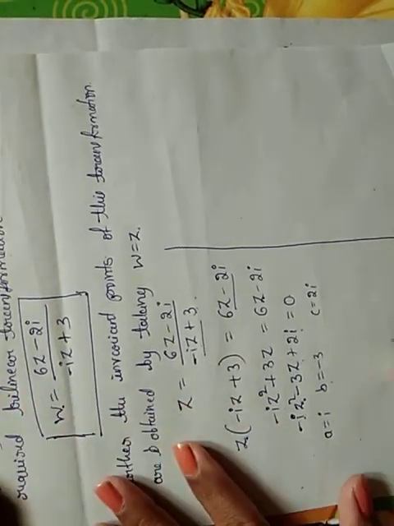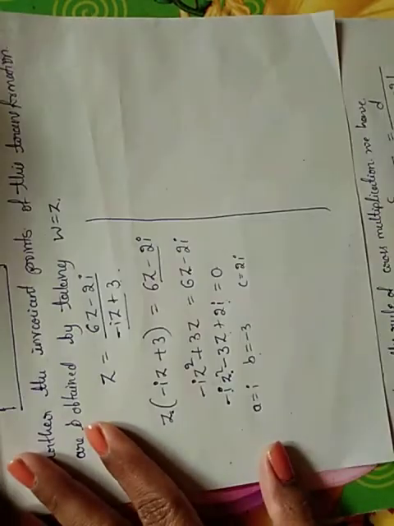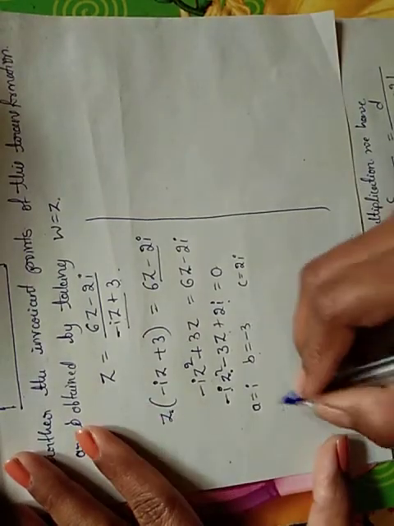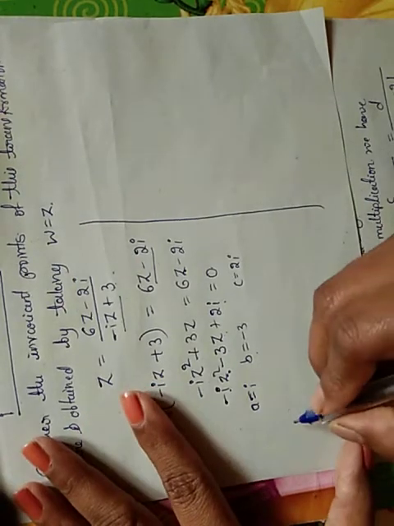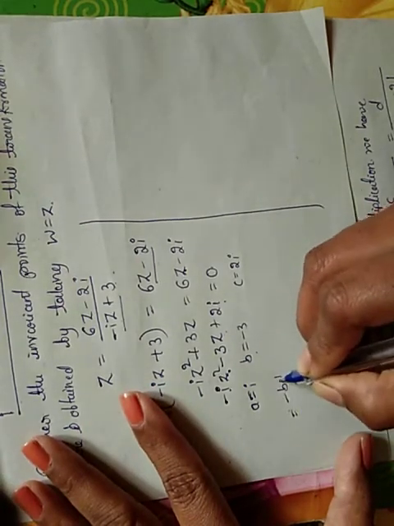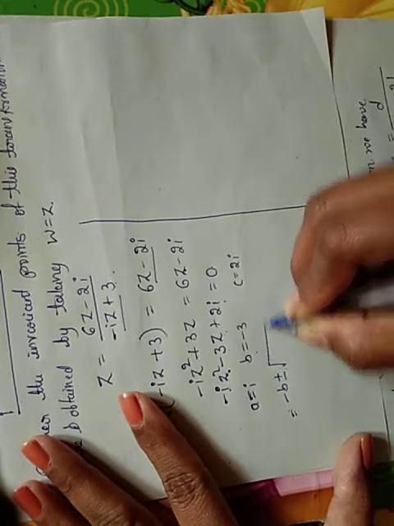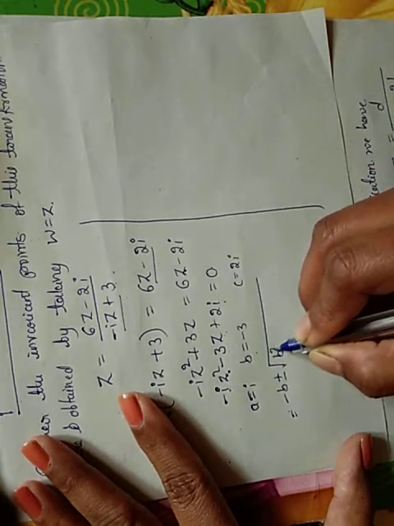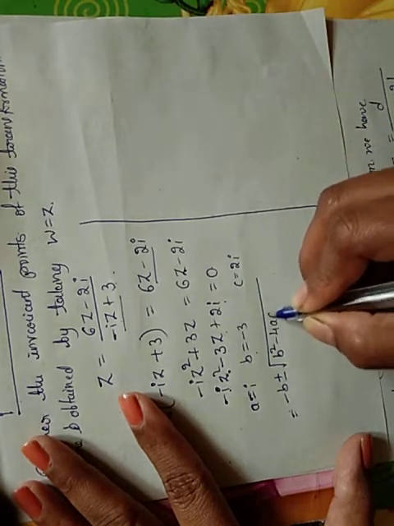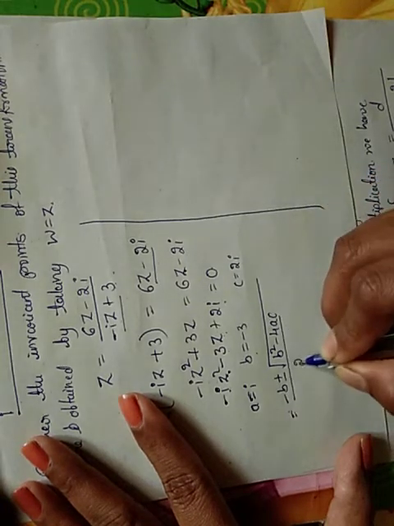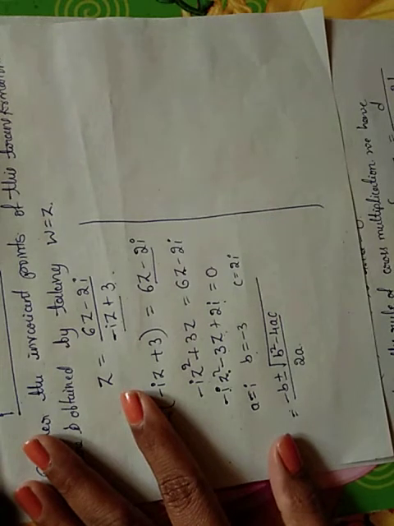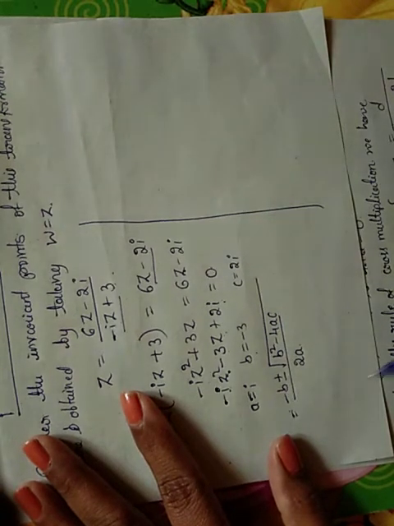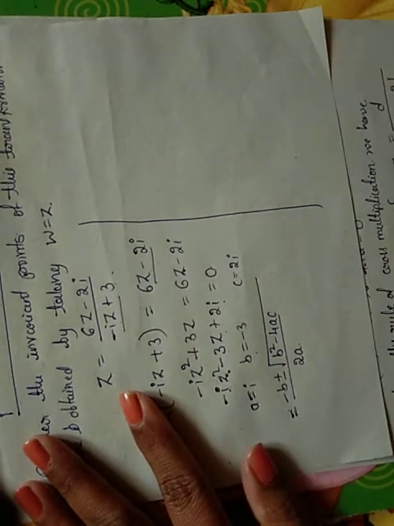Now we have to substitute these values in the formula, minus b plus or minus square root of b square minus 4ac divided by 2a.